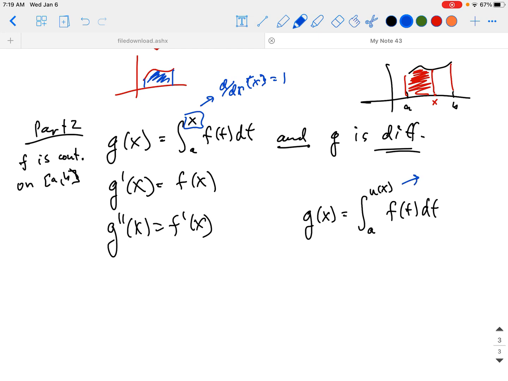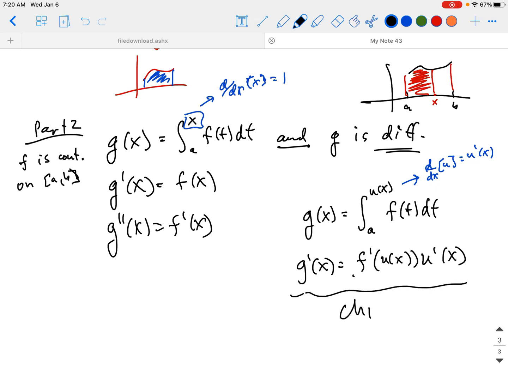So if I've got something more complicated that has some derivative u prime, then when we take the derivative of g, what we're going to get is still f evaluated at our variable limit times u prime of x. So note the chain rule still applies to this new type of function. So we're still using the chain rule in general.